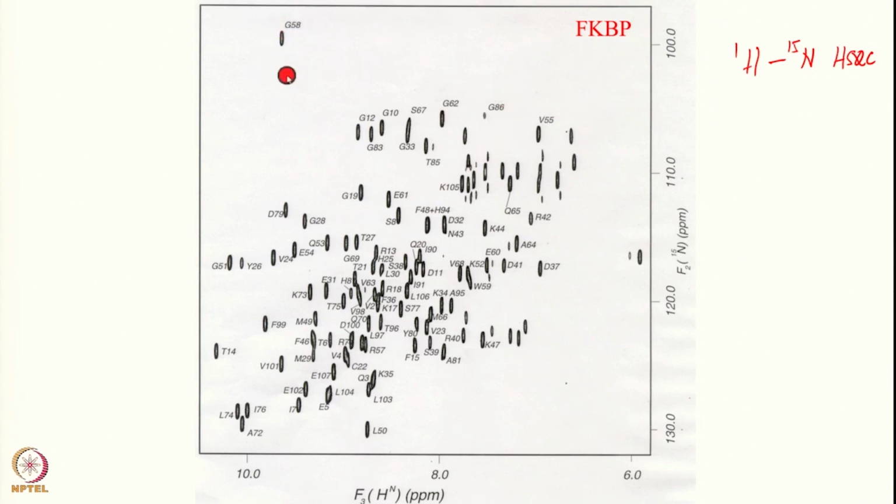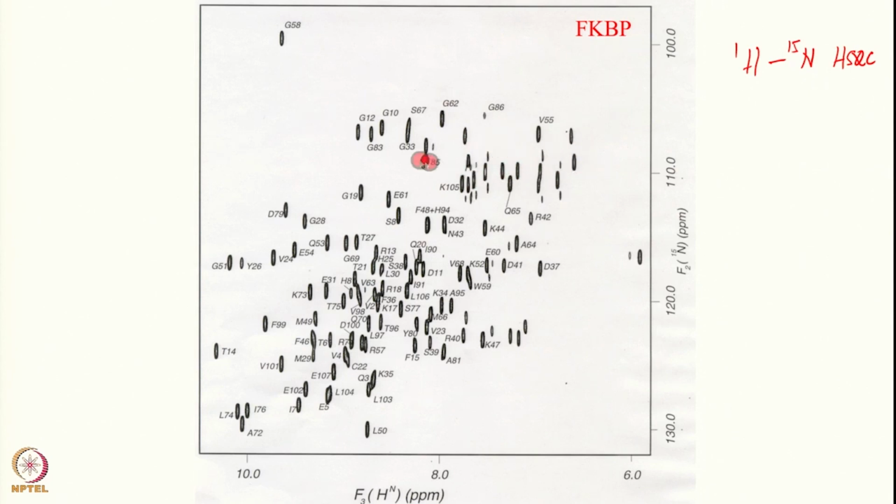So for example, there is a glycine here, there are glycines here, all these are glycine, then you have a serine here, glycine, G, glycine, valine. Incidentally, these peaks which are coming here are coming from the side chains of glutamines and asparagines. The side chains of the glutamines and asparagines have the CONH2 group, and they also produce peaks here, and they appear as pairs.